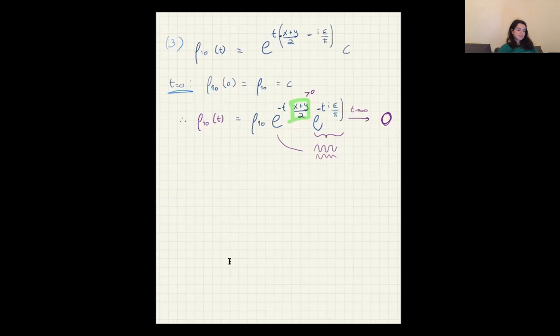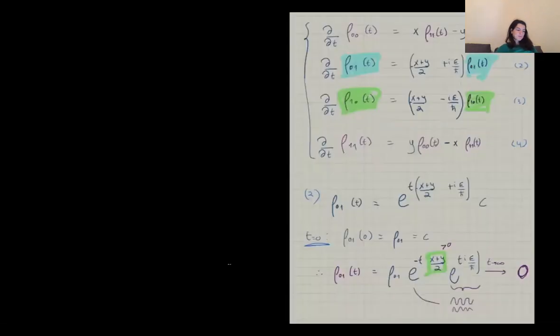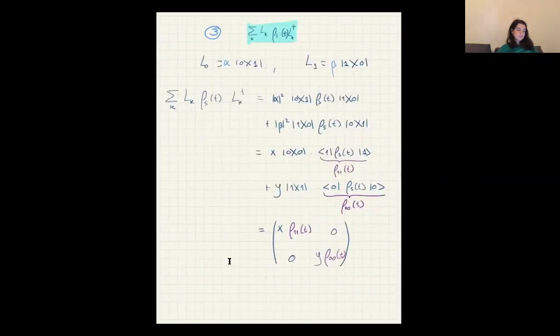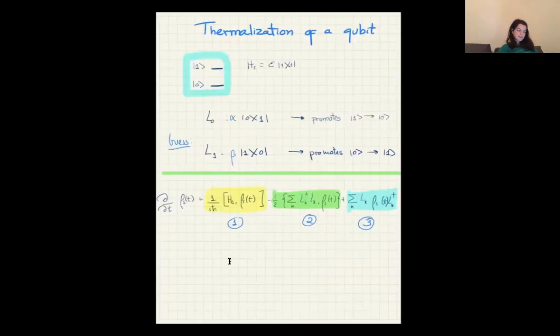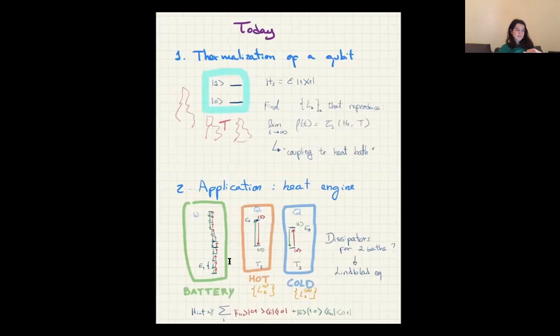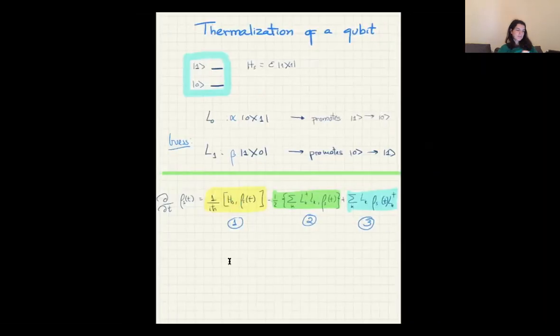Because remember that we want that in the limit of large t, my density matrix goes to the thermal state. And what's the thermal state? So maybe I should have written here the goal. I need that rho s of time equals 0 to be some arbitrary initial state.